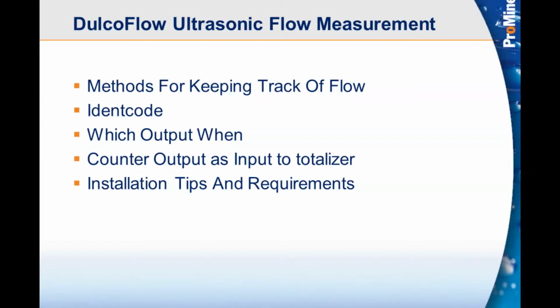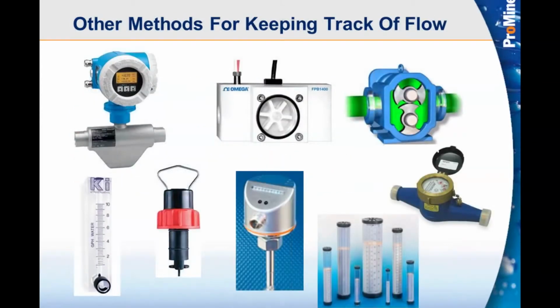This particular device is very sensitive, so the way we install it is very important to the operation of that device. Some of the other devices that keep track of flow, you see a mass flow meter at the top left there. It's very expensive. It's limited on some of the materials that it's made from, so it's not always the best option.